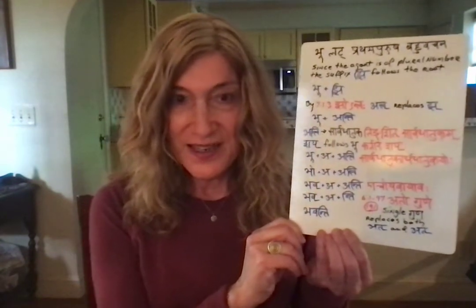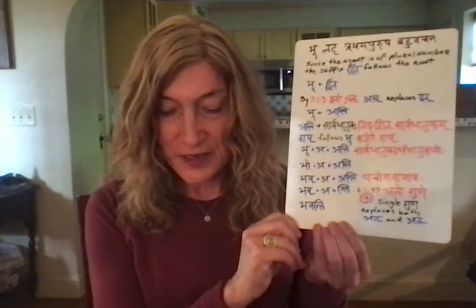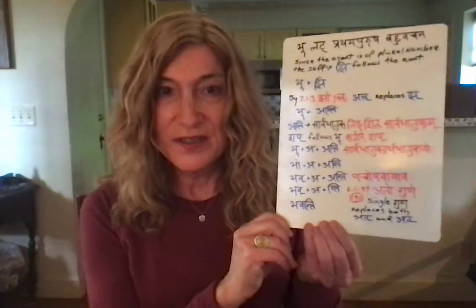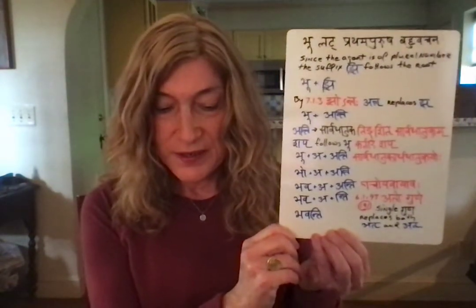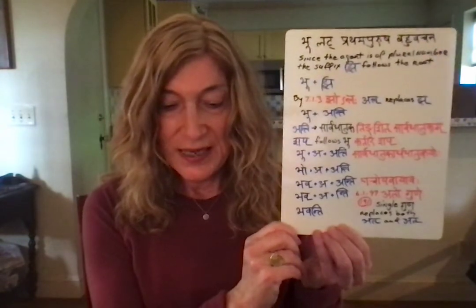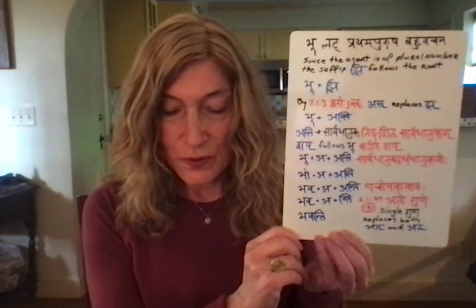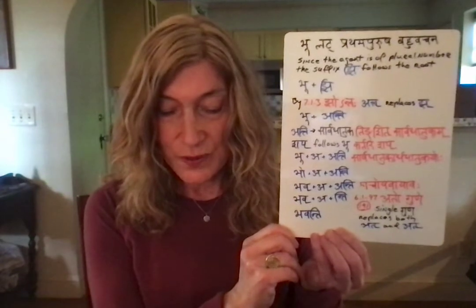And now there is another sandhi rule, which we have not yet discussed. It's a little specific, as so many of them are. This is 6.1.97, and that is ato gune, ato gune.